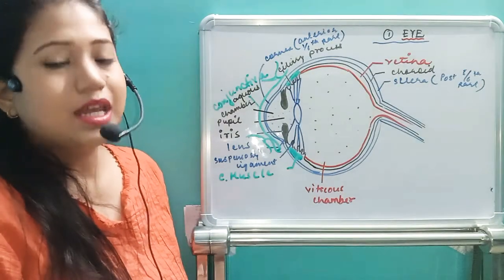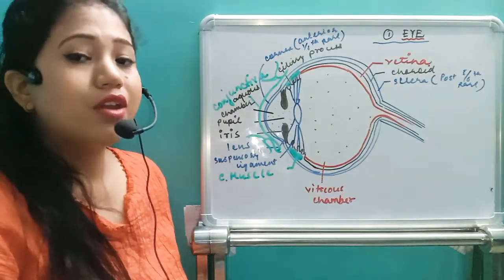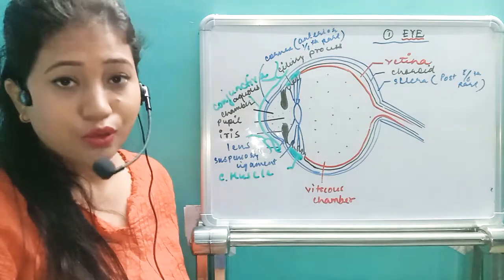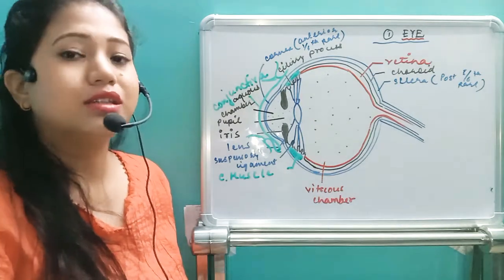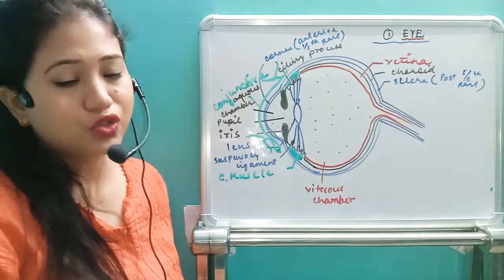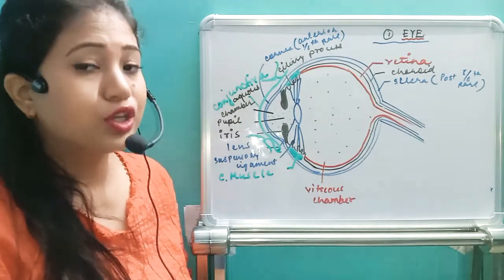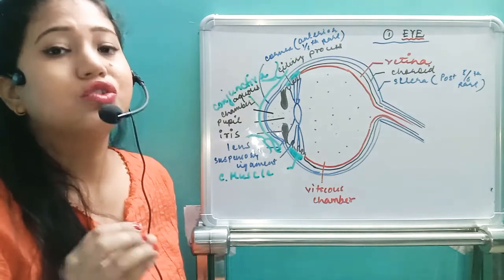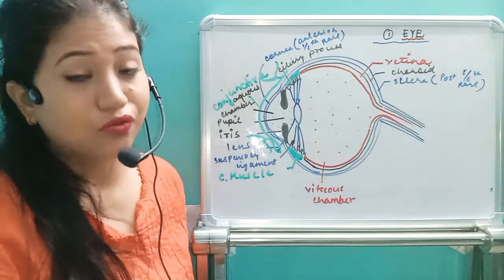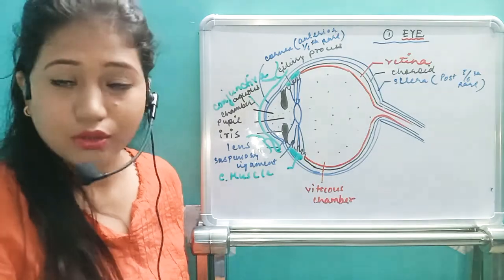Aqueous humor is produced every 24 hours. Every 24 hours we secrete a fresh amount of aqueous humor. But the vitreous humor is secreted only once in our lifetime, in the embryonic state, whenever we were formed.